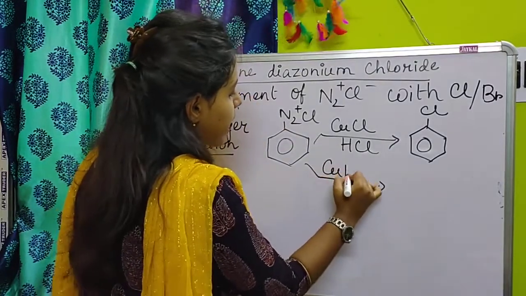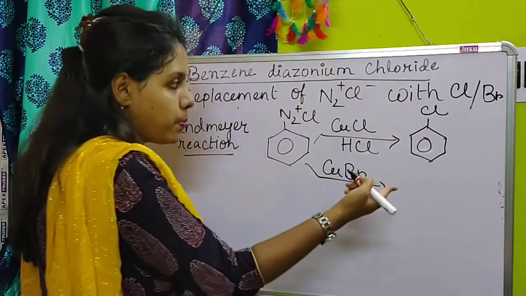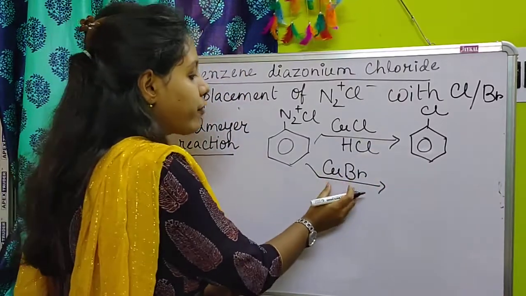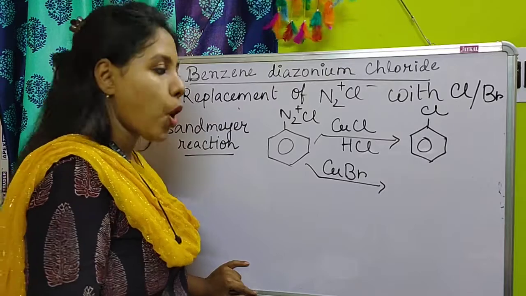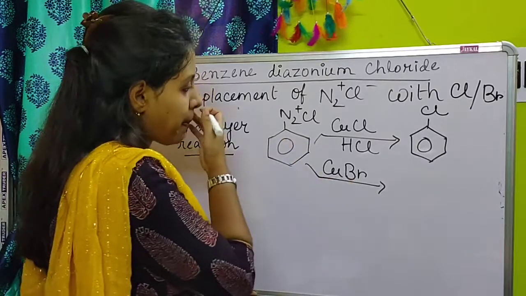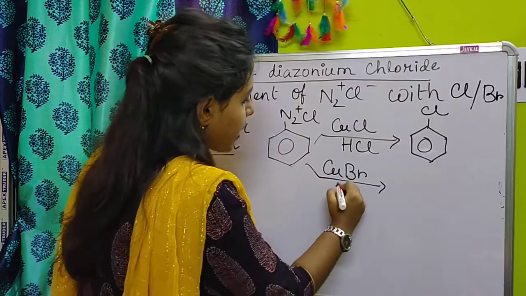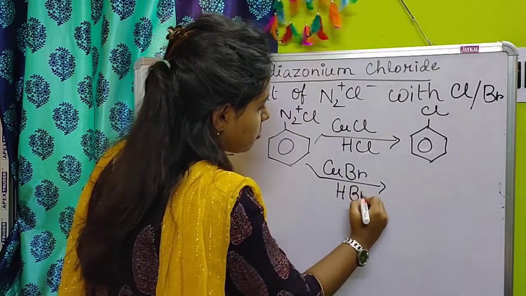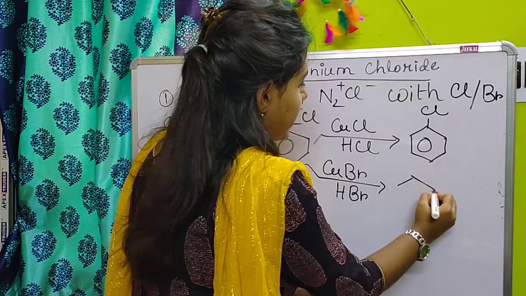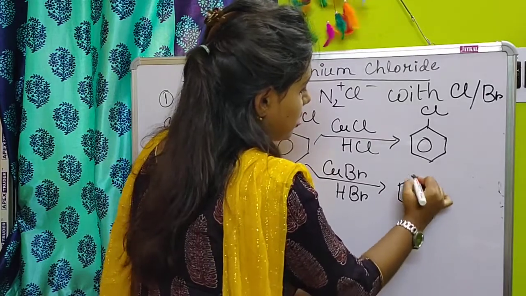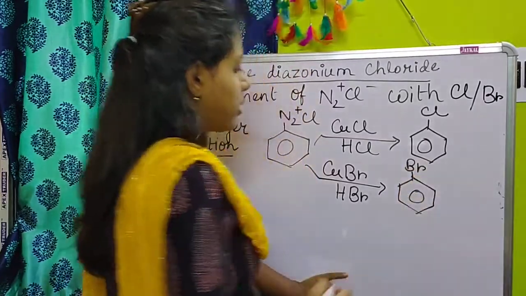In the same way, if you want to add bromide here, you have to take the bromide salt of copper, CuBr, and then you have to add HBr. So here you are getting bromobenzene.